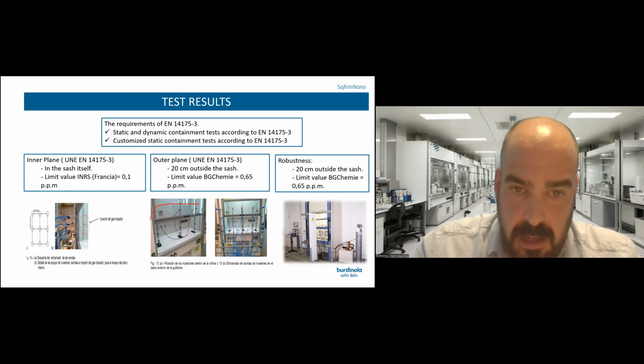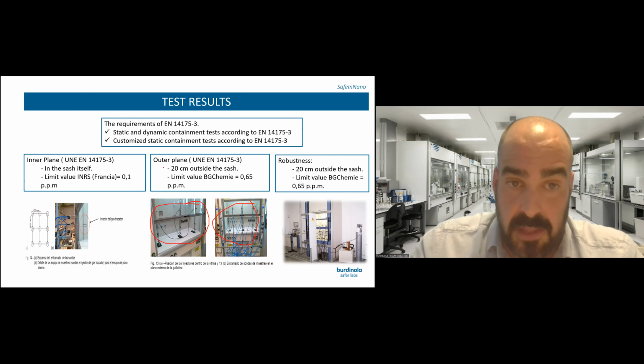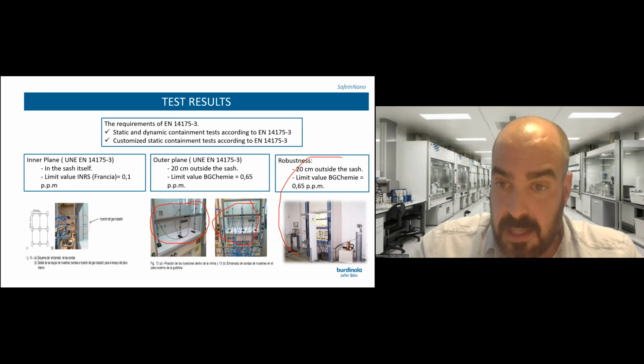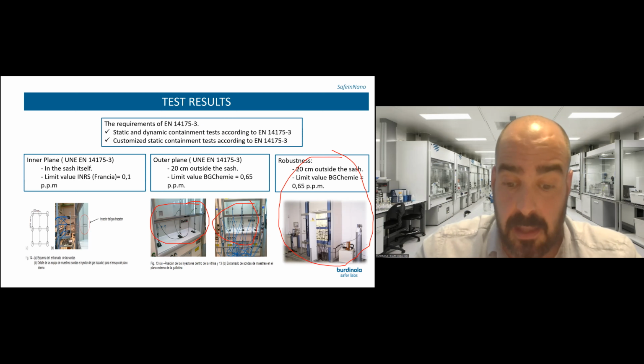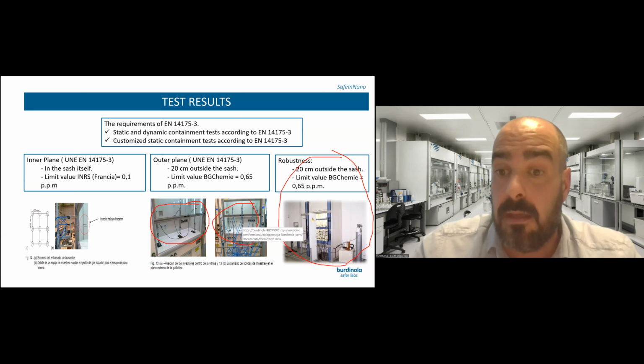You can see here how we inject the gas inside, and we put some gas detectors outside. This is one kind of test, and in the other one represented here, we do the same test, but we move a board in front of the equipment in order to generate turbulences outside the system and check if the containment is broken.